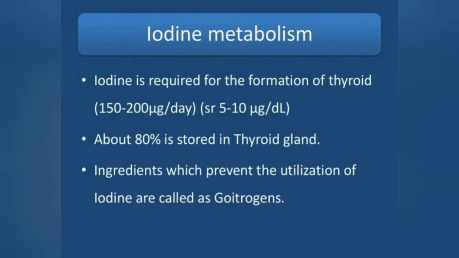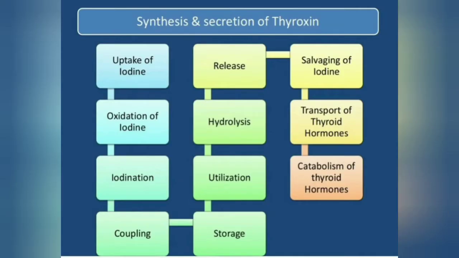Ingredients which prevent the utilization of iodine are called goitrogens. So here in this chart, we can know about the synthesis and secretion of thyroxine. What happens here?